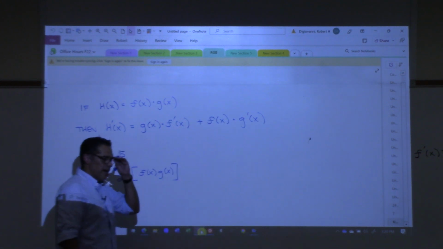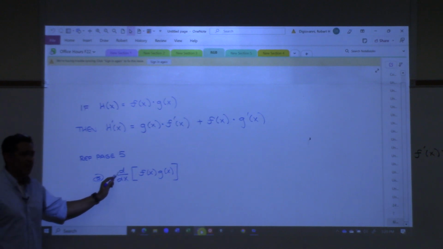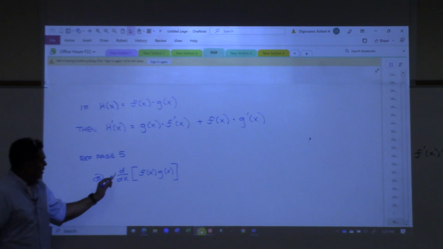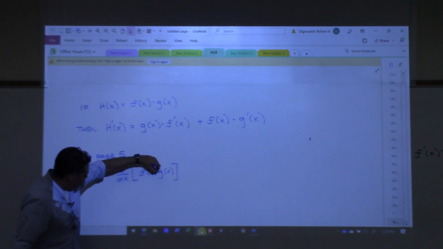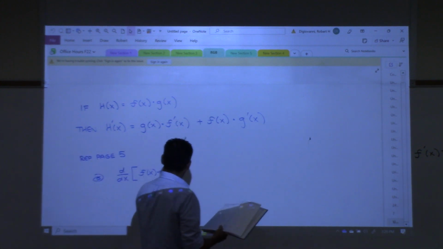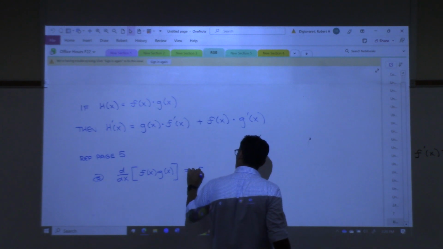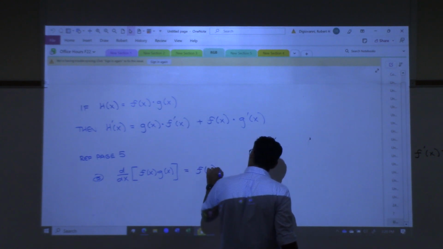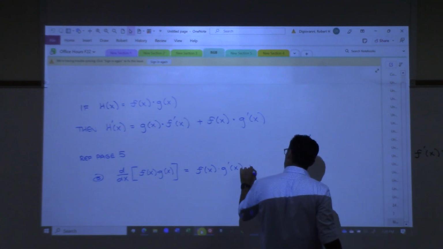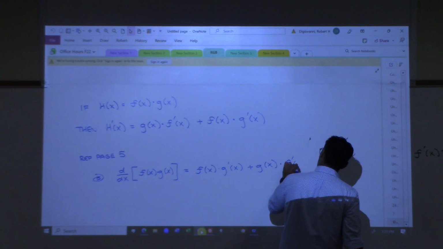What they're saying here is they're using a slightly different notation. Remember that notation means take the derivative, so it's just like that little prime. What's the derivative of a product of two things? According to our textbook, it is f of x times g prime of x, and then plus g of x times f prime of x.